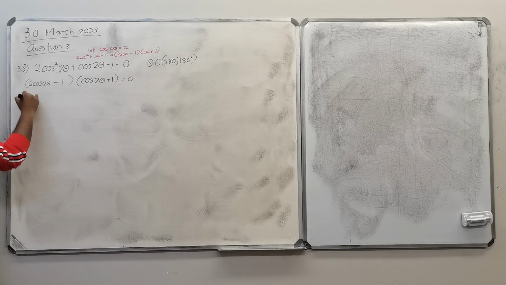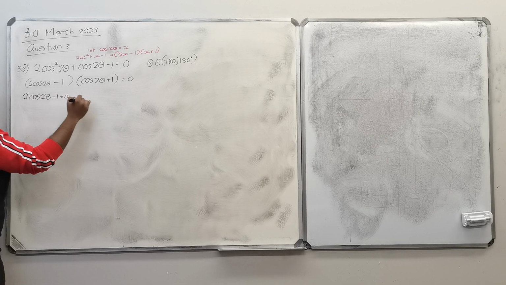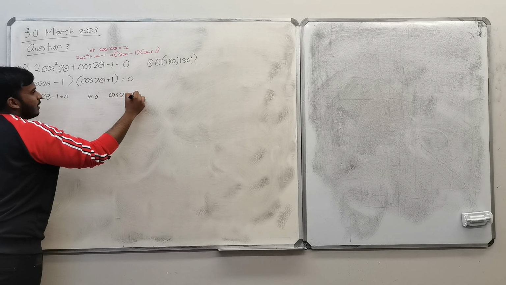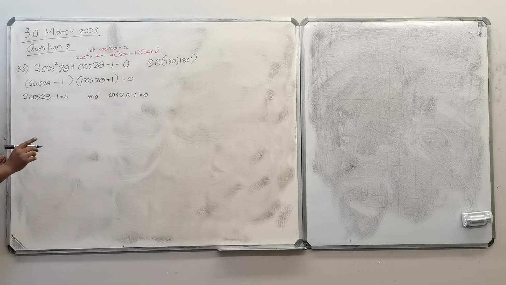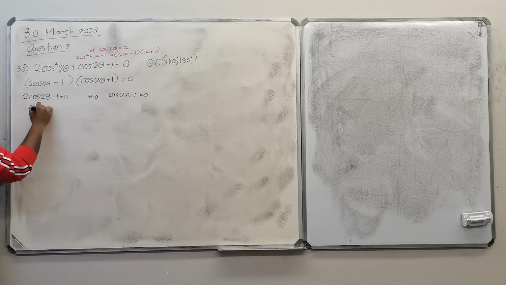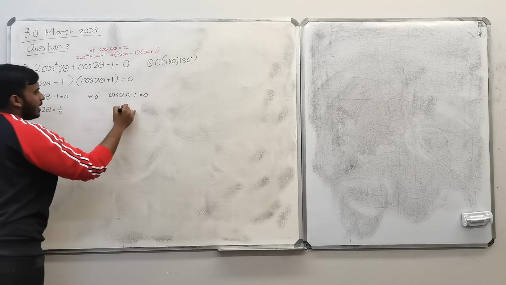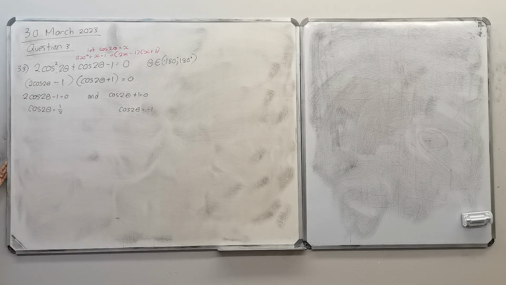Then you'll say 2 cos 2 theta minus 1 is equal to 0 and cos 2 theta plus 1 is equal to 0. Cos 2 theta is equal to 1 over 2 and cos 2 theta is equal to minus 1.